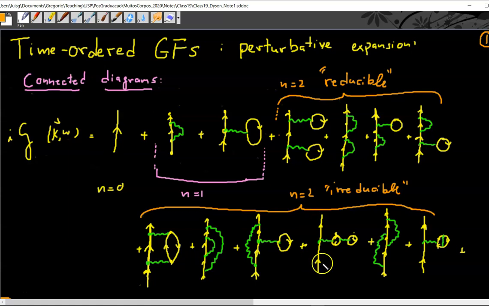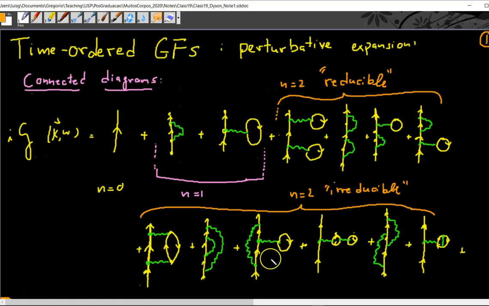Now these other 6 diagrams are not reducible, meaning that there's no way I can cut a single free propagating line, a yellow line here, and reduce them to two separate first order diagrams. You may say, okay, this looks like a first order diagram. Yeah, but they are similar to these, but I cannot cut it here, for instance, without cutting an interacting line.